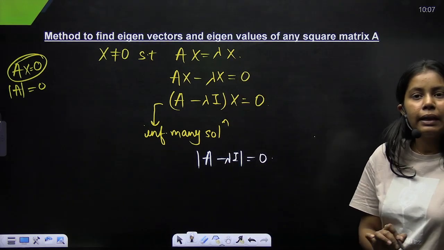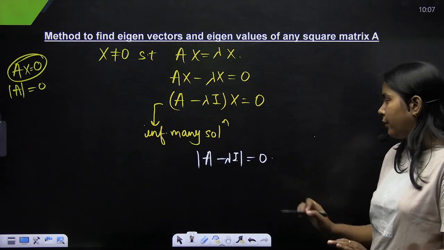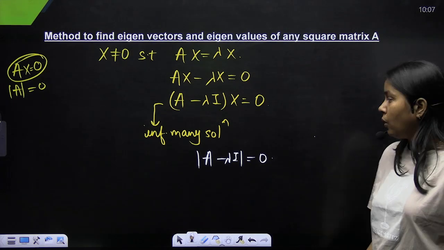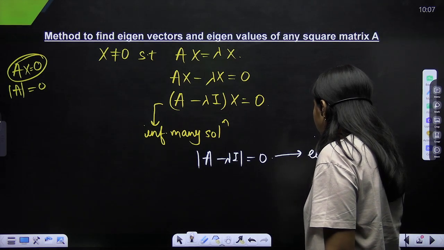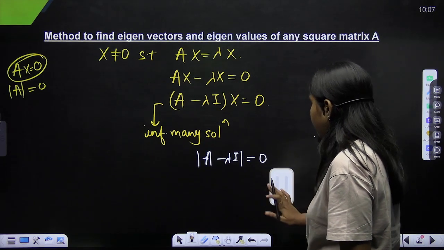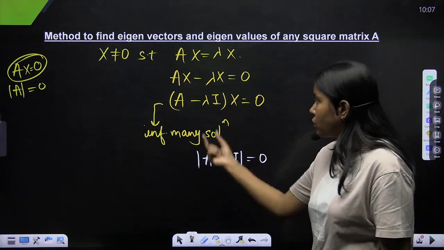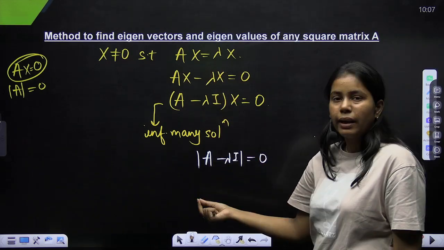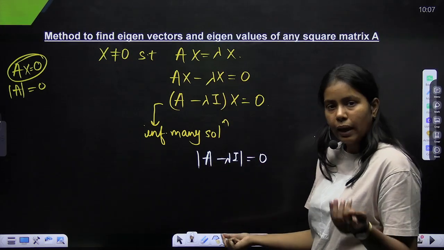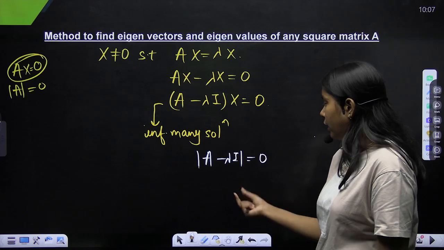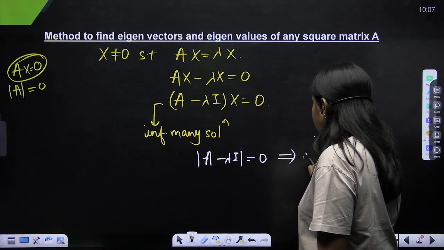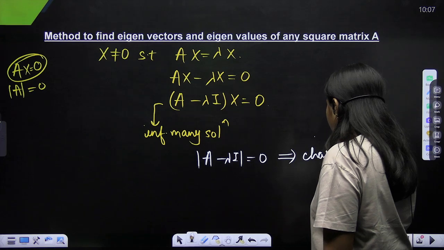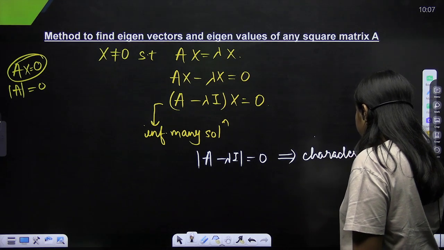With the help of solving this, I'll be able to find the eigenvalues. You would subtract lambda from each of the diagonal entries and take the determinant of that. What would you get? You would get a polynomial, and you call this polynomial the characteristic polynomial.